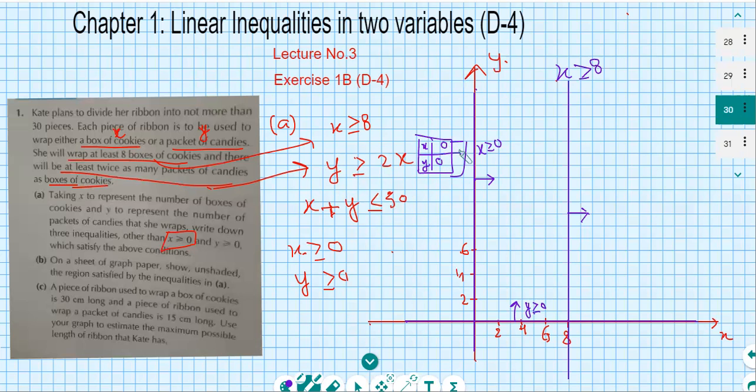If I put 4, Y will become 8 from this inequality. So there are 0, 0 and 4, 8. Where is 4? 4 and this one is 8. So joining these points, you will get a line.